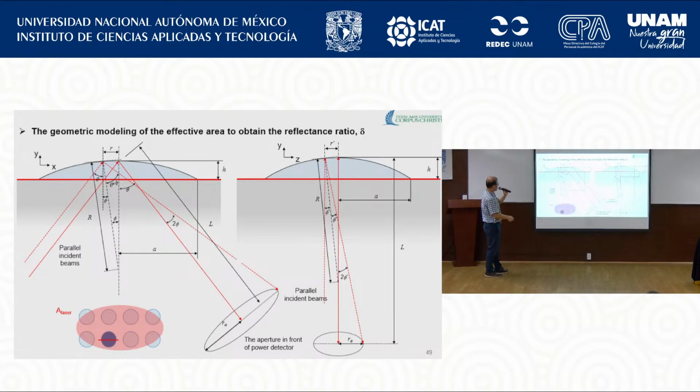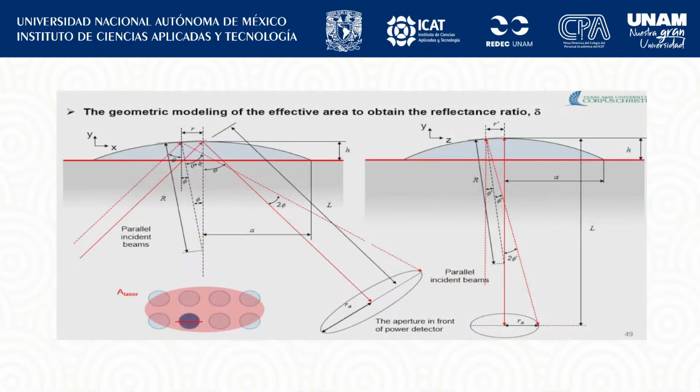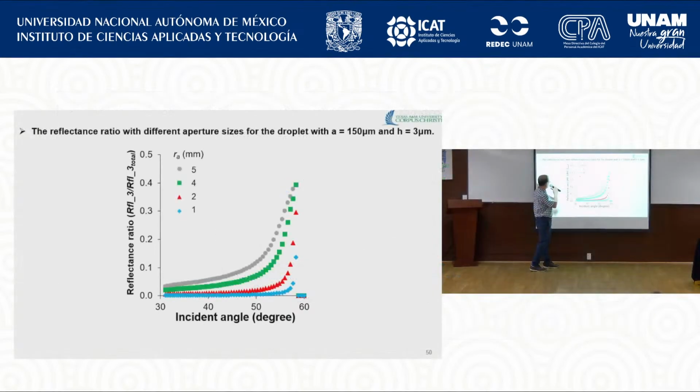And now this one shows the geometric modeling for the effective area of the reflectance. Yeah, this one shows the reflectance ratio of the liquid-glass and liquid-air interfaces, and the total reflectance, depending on the different aperture sizes.